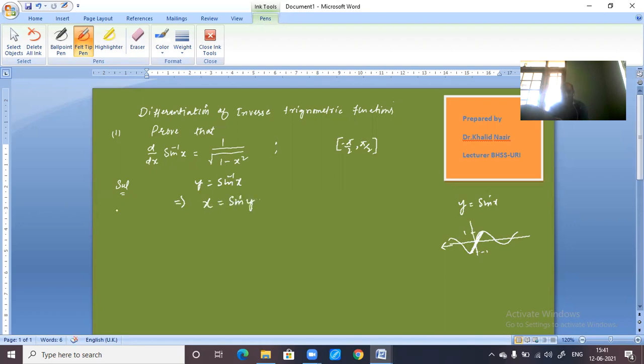right? So if delta y is the increment in y, look here, actually the argument of sine is y, so I need the argument to be in this interval.